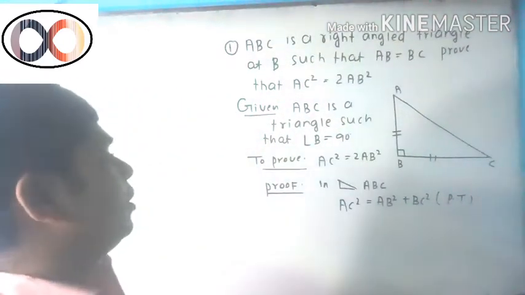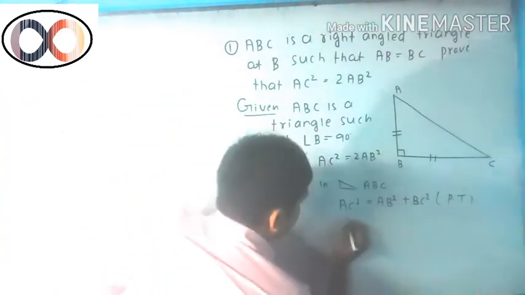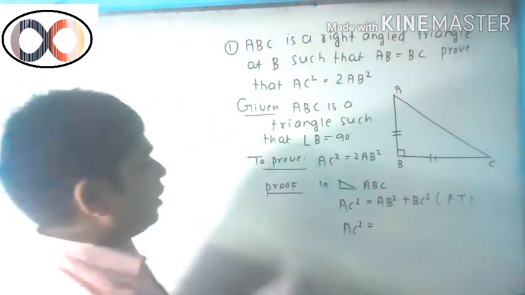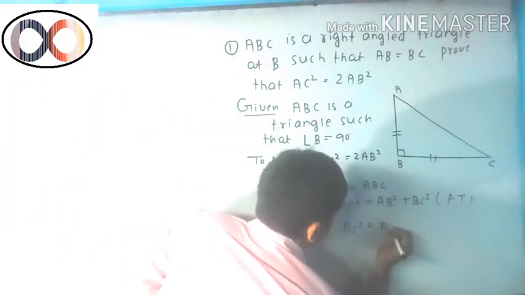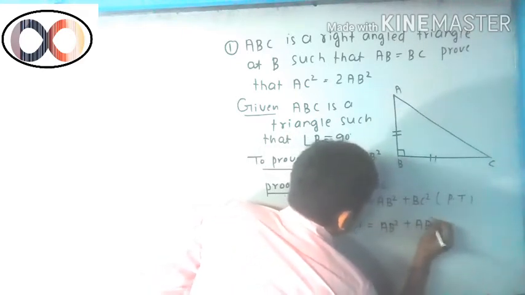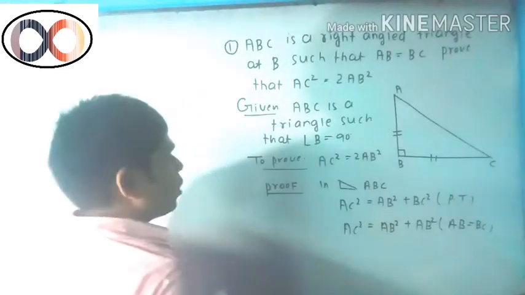AB equals BC is already given, so AC square equals AB square plus AB square.